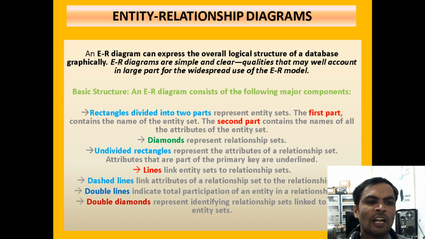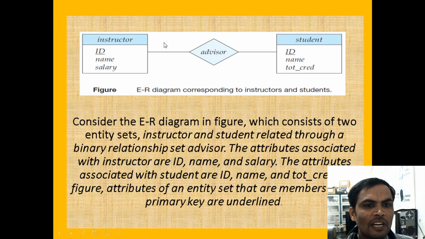Coming to the line component under the basic structure of the ER diagram, lines are the linkage between the entity and the relationship. For understanding, this is the entity, a rectangle divided into two parts: the first part is the entity set name, the second part is the entity set's attribute names.